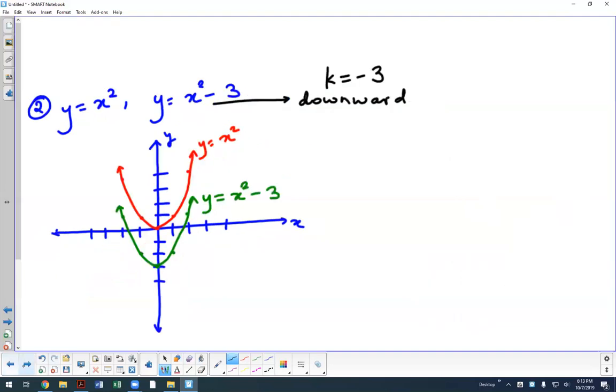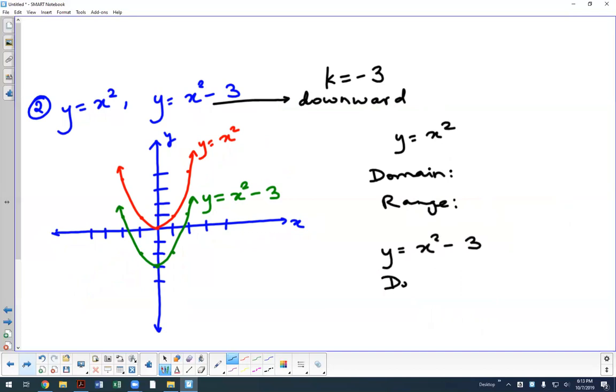Now, what can we say about these two functions here? For y equals x squared and for y equals x squared minus 3. And we talked about the x squared function in 2.2.